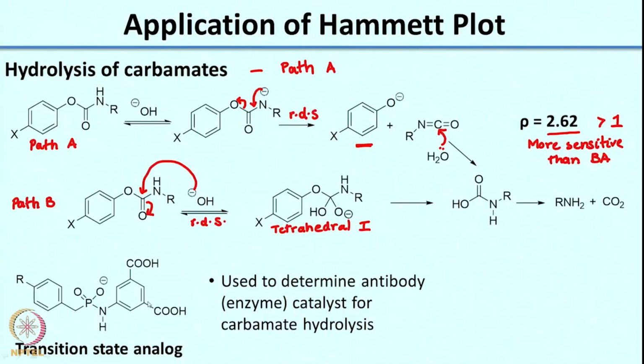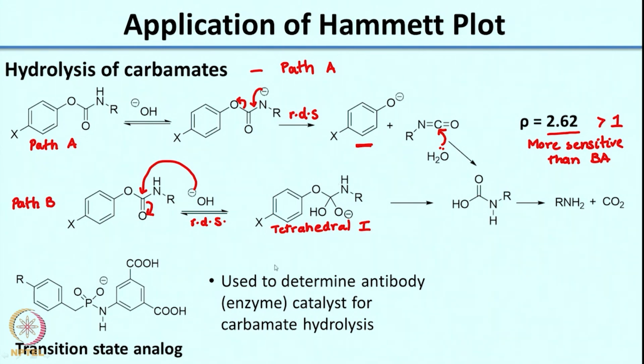So, to do that, an approach that was followed in a research lab was that this particular molecule was taken as what is called a transition state analog. It was taken as the analog of the transition state going from the starting material to this tetrahedral intermediate in path B. The only difference being that instead of oxygen you have a carbon here and you have a phosphorus here instead of carbon.